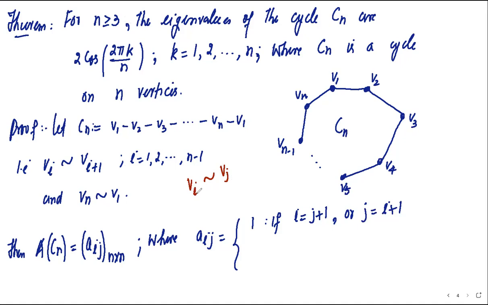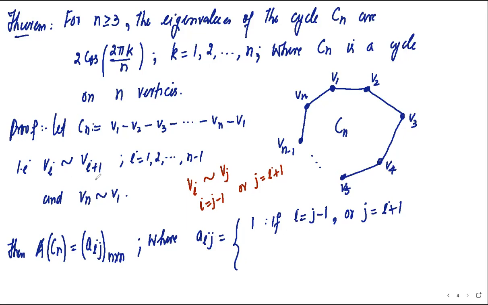Then either i is equal to j minus 1 or j is equal to i plus 1.